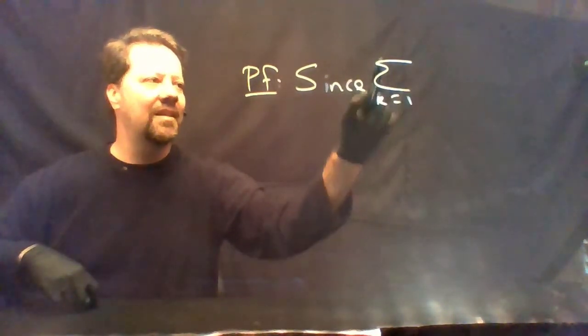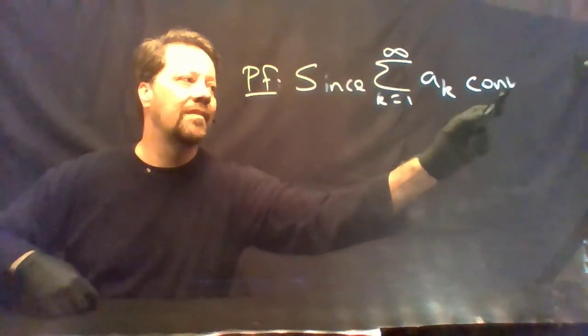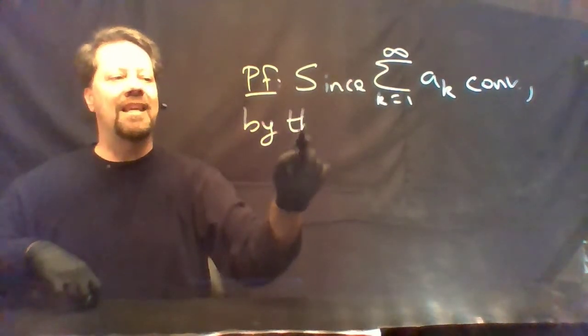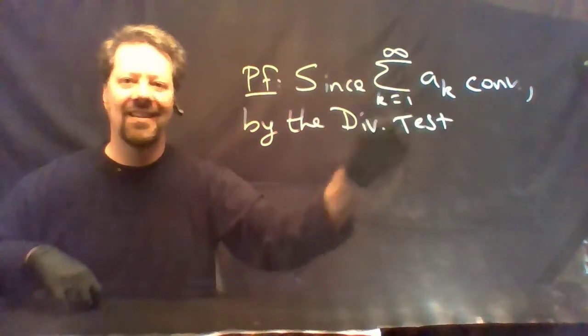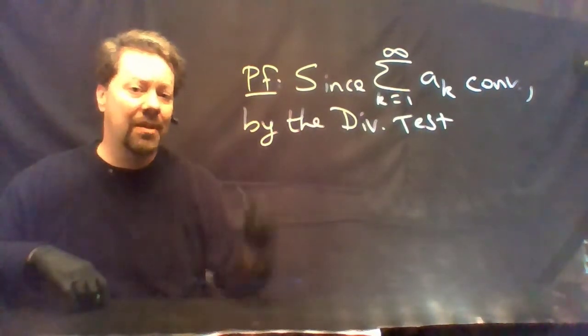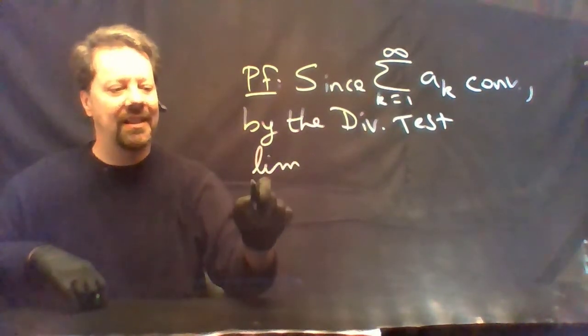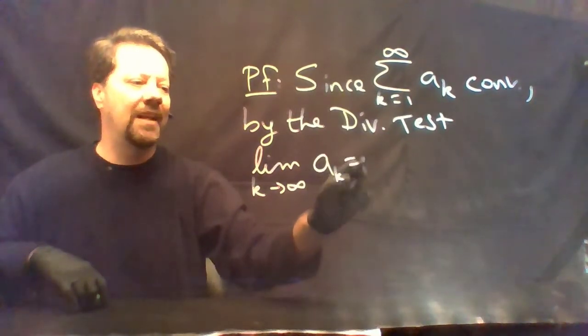Since the series, the sum as k goes from 1 to infinity of a sub k, converges, by the divergence test, if it does converge, then the terms must go to 0. You get the limit as k goes to infinity of a sub k is 0.